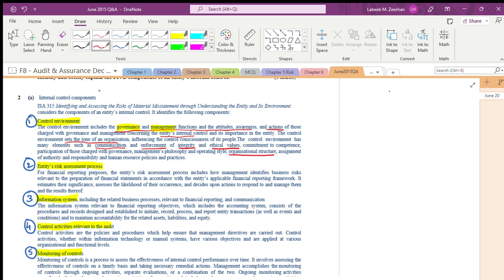Fine. Now, the entity risk assessment process. How we are going to assess, which says that the process includes how we are going to identify basically the business risk.